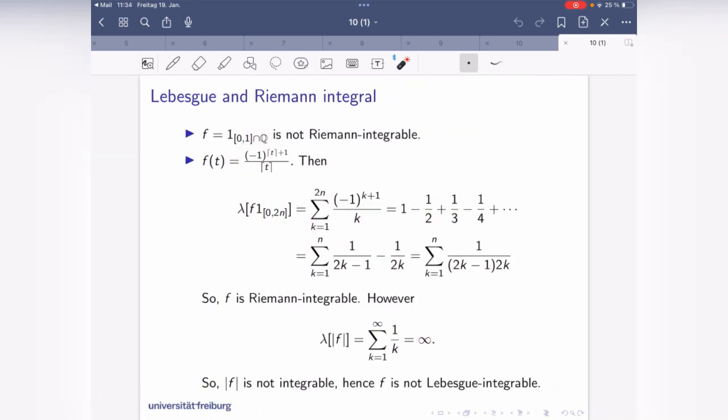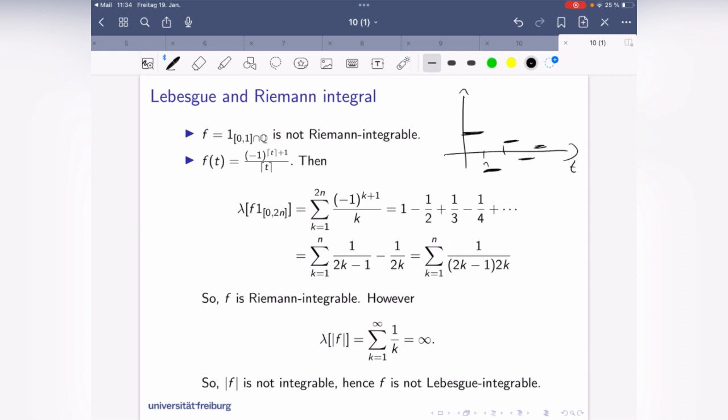So let me just draw this. If t is between 0 and 1, I have 1, so that's 1. Between 1 and 2, I have a 2 and a minus, so that's minus a half, then it comes plus a third, minus a fourth, plus a fifth, and so on. So that's the function.